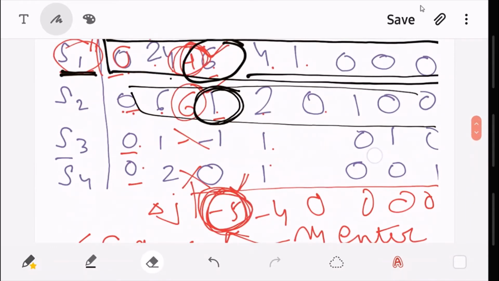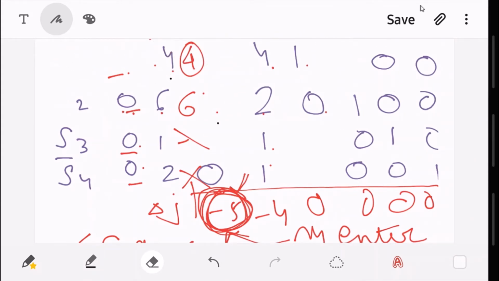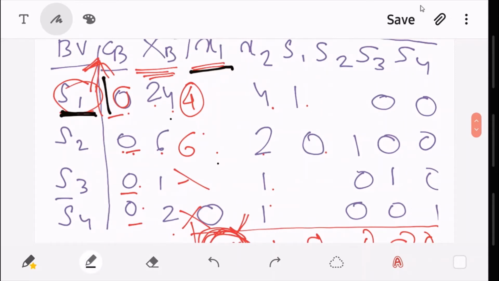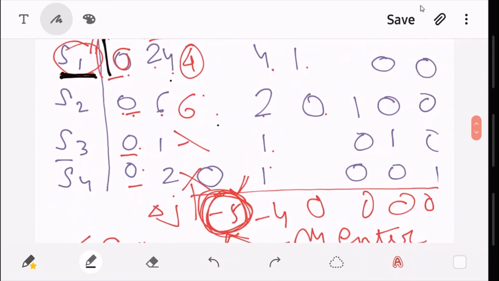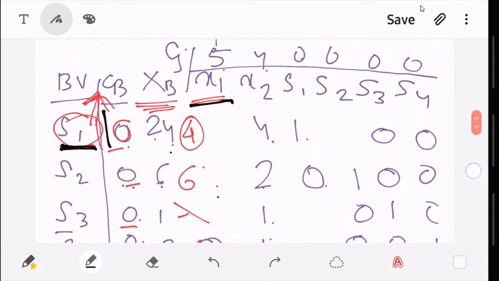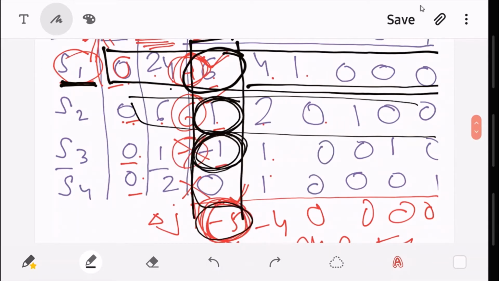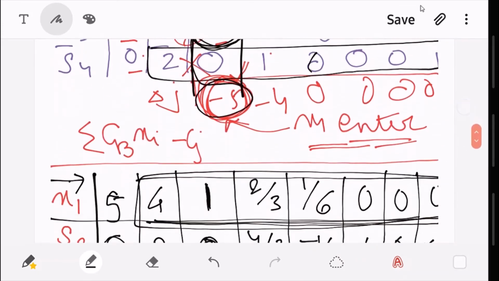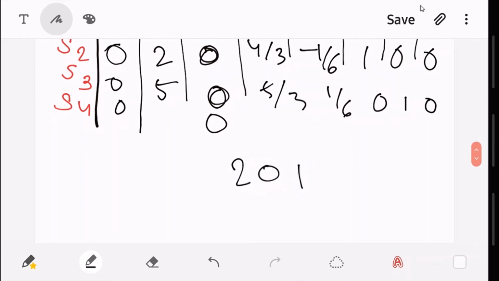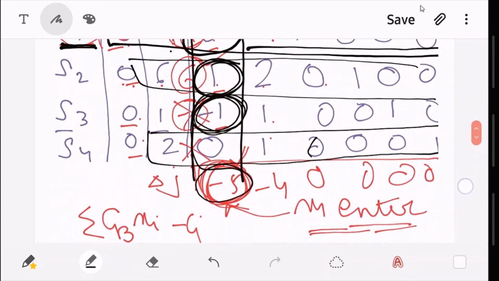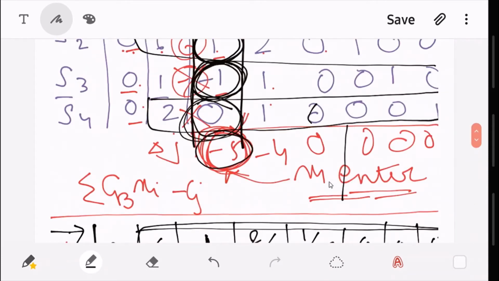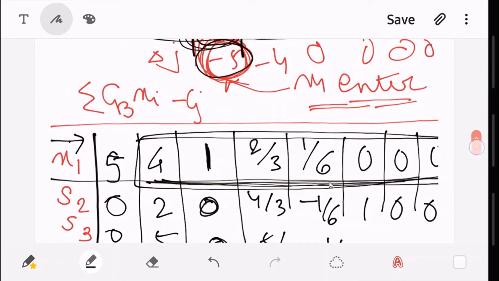And then the last part, and then the last row, 2, 0, 1, 0, 0, 0, 1 minus column coefficient is 0 multiplied with this, so it's ultimately 0.